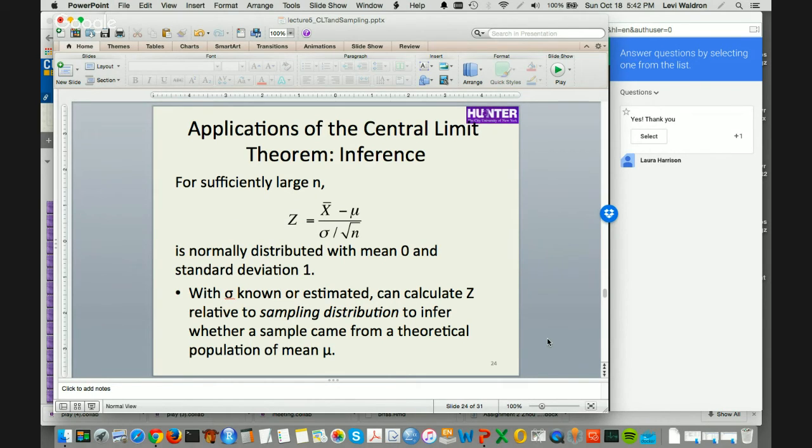We can use the central limit theorem for inference, and we will be using it. I'm going to introduce this today, but we'll be using it for several of the tests that we do.